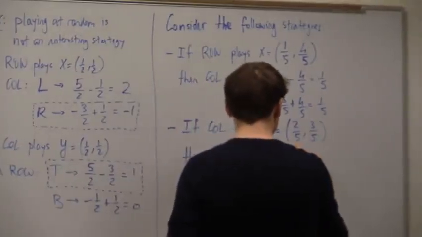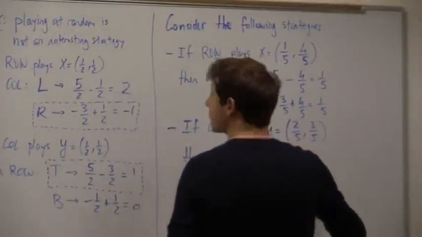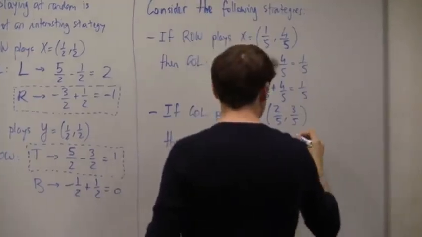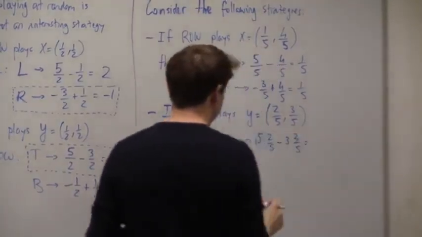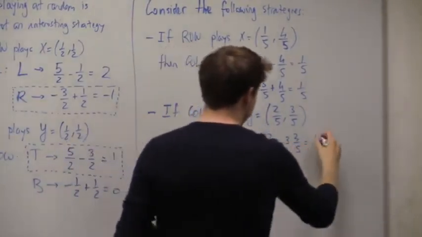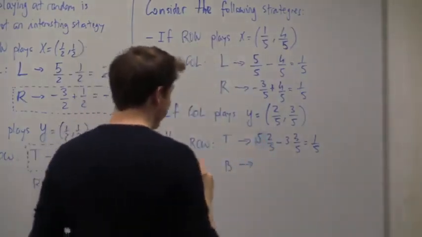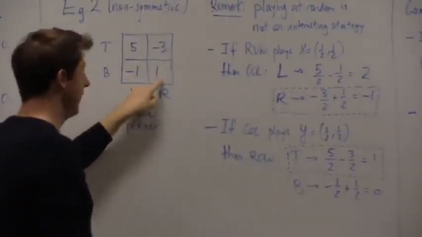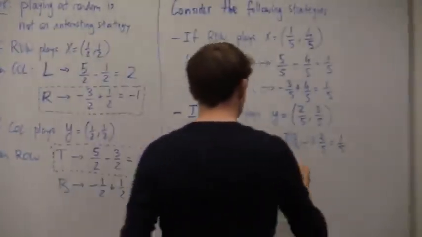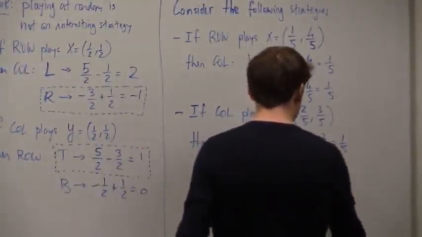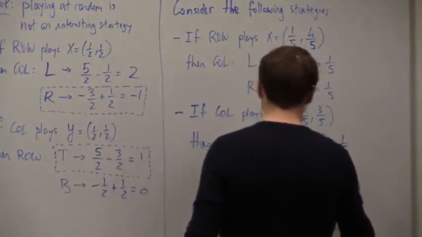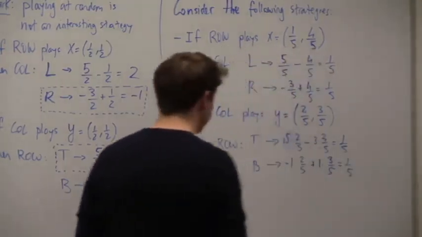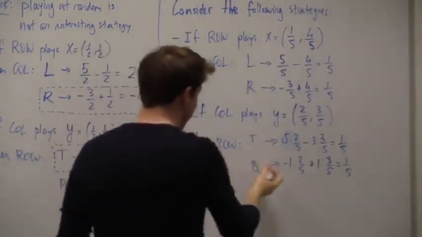So that would be 5 times 2/5 minus 3 times 3/5. Okay? So that is 10/5 minus 9/5, so that is 1/5. And if he chooses bottom, he will see -1 2/5 of the time and 1 3/5 of the time. So that's -1 times 2/5 plus 1 times 3/5, and that is 1/5. And again, he doesn't care which of these two.